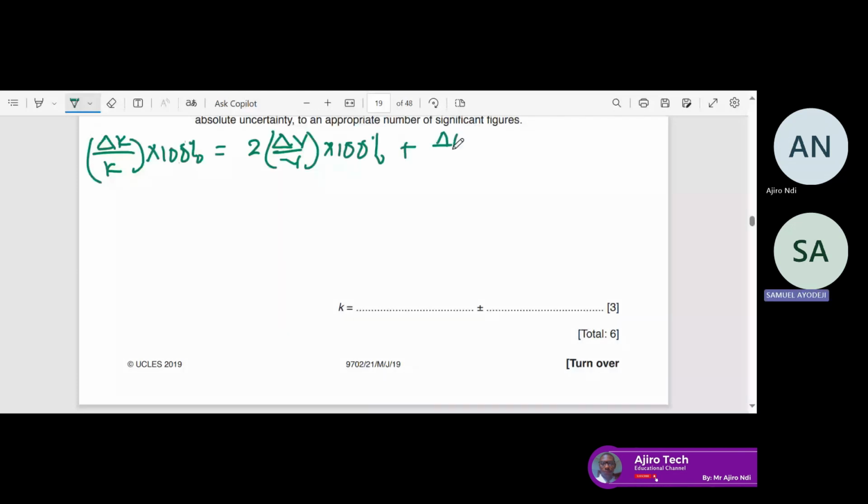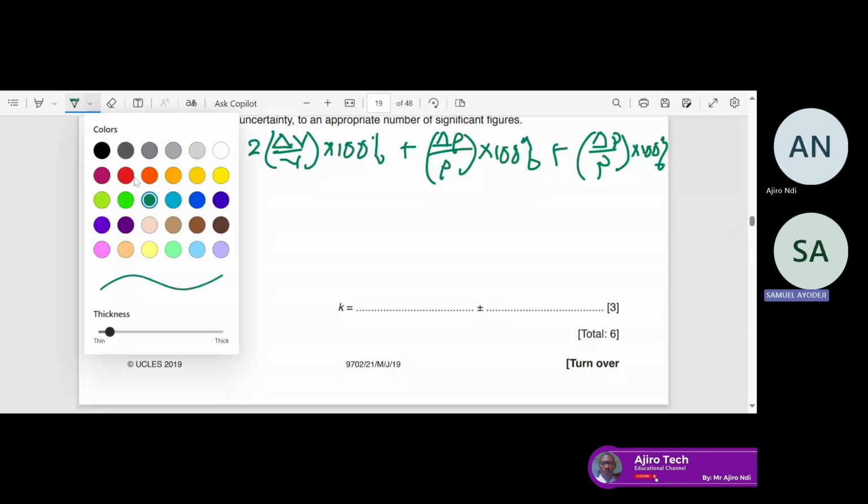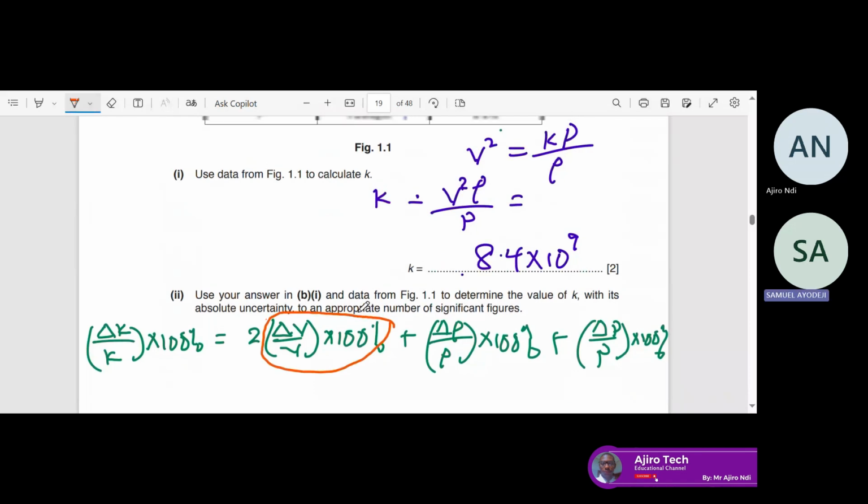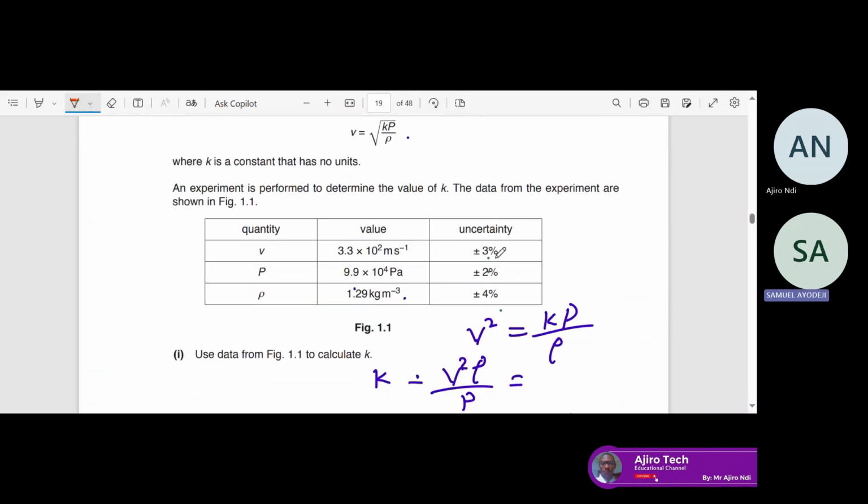The answer that you got, I'm not really sure. Plus, writing P over P times 100. You have been given in percentage. So the whole of this, you have been given V to be 3%.